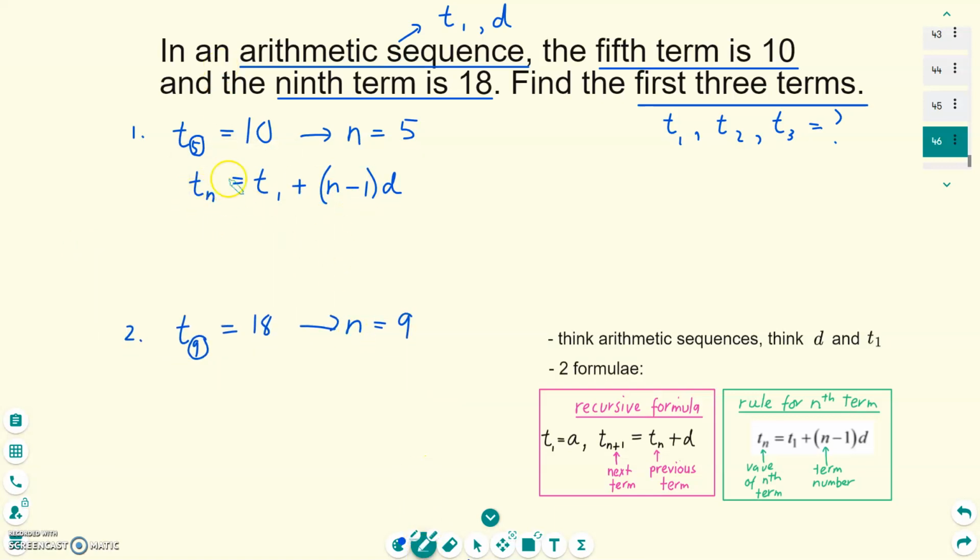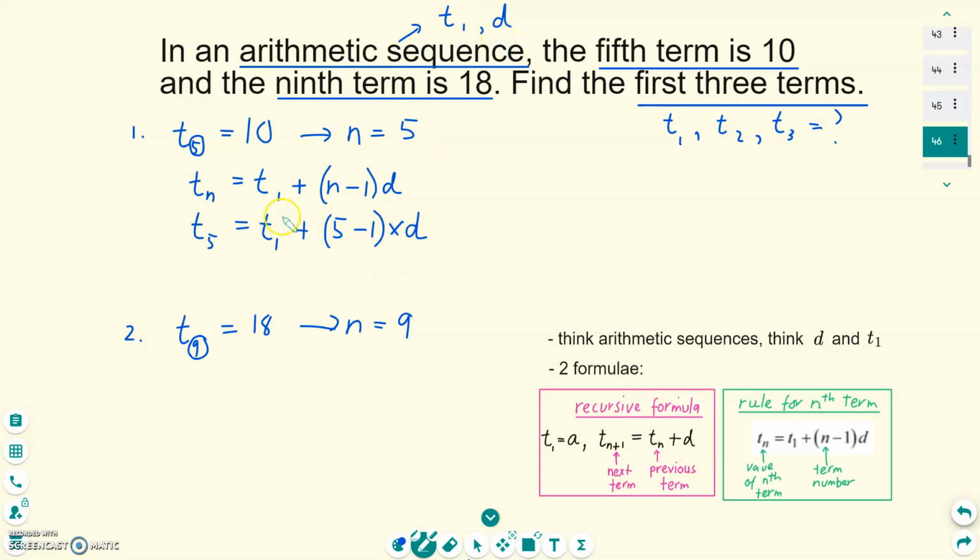T5 equals T1, we don't know T1, plus n, well, we've got our bit of information here, n equals 5, take 1 times, and we don't know D. That's the weird thing about this question. We don't know T1 or D.